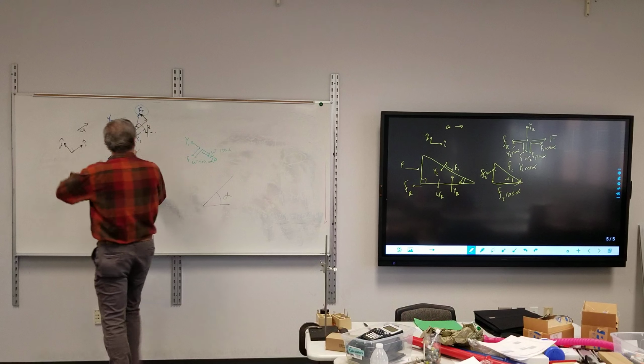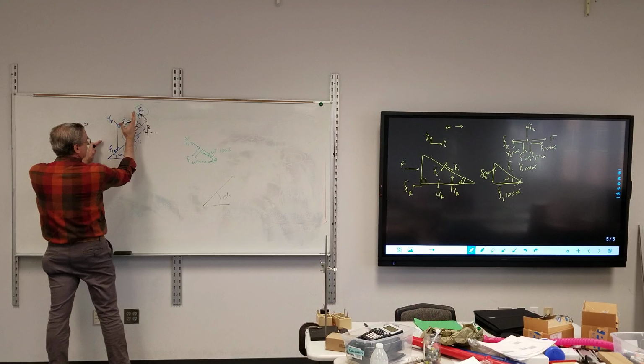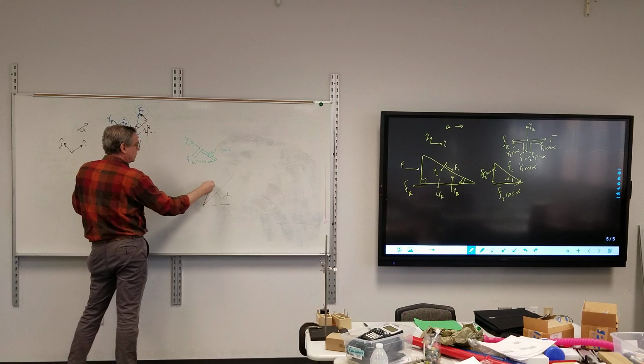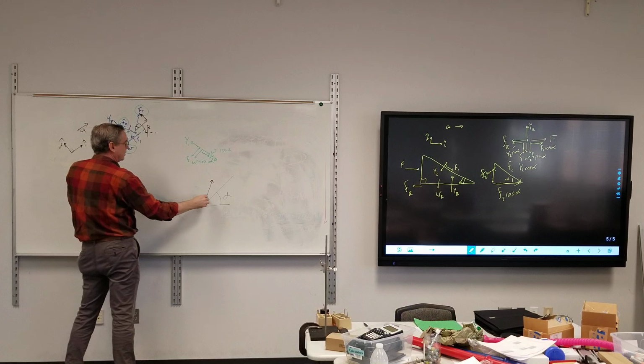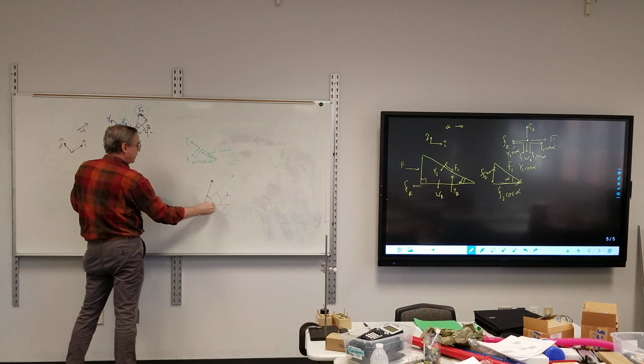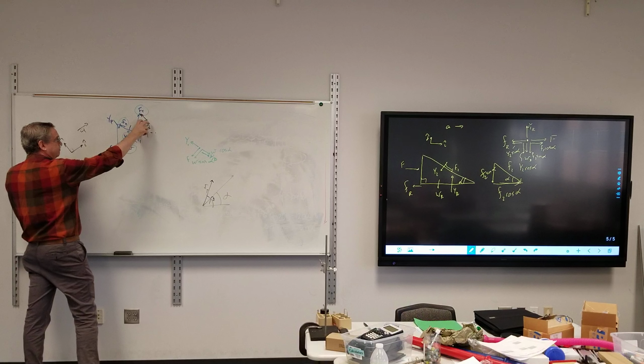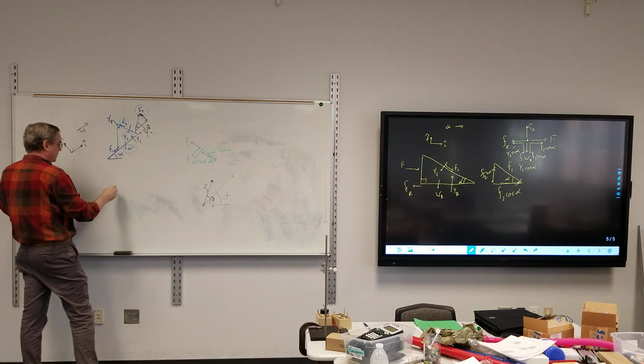This is going the way I've done it here, going up like that, so that angle there would be beta, that's FT. Basically what I've done is I've taken this vector and shifted it to that point as opposed to the point of contact.